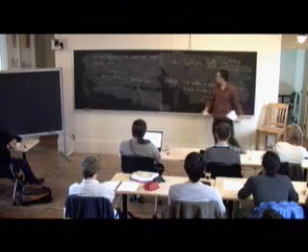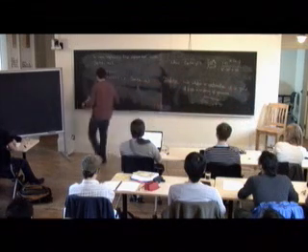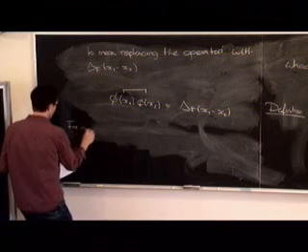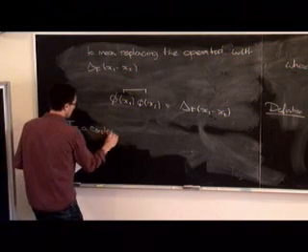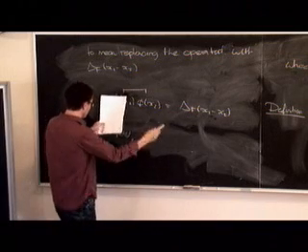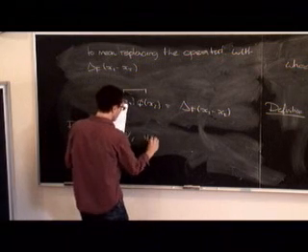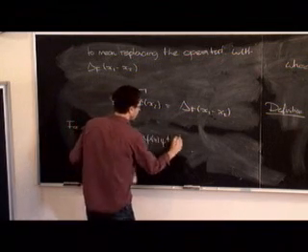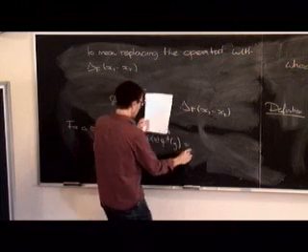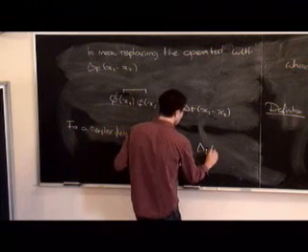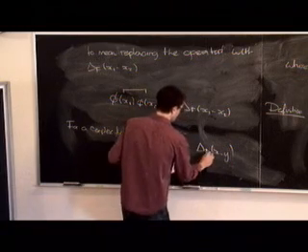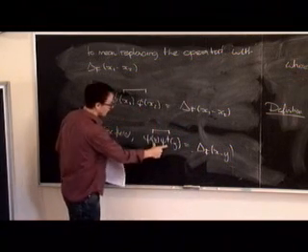Okay, finally, for a complex scalar field, you can go through exactly the same steps. It turns out that the contraction happens between a psi and a psi dagger.